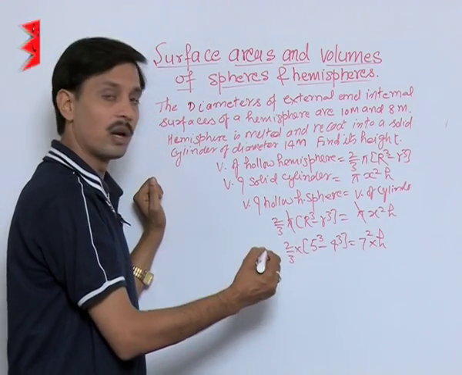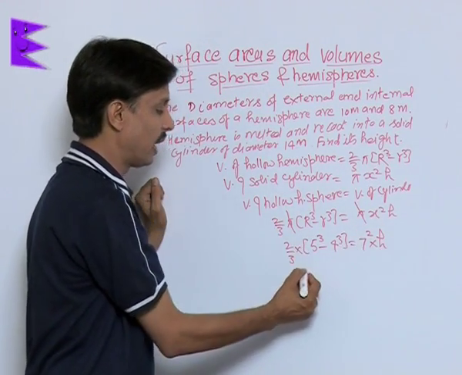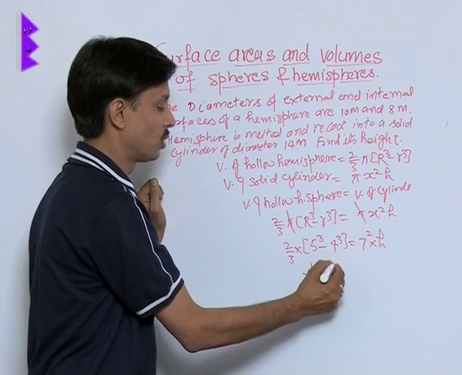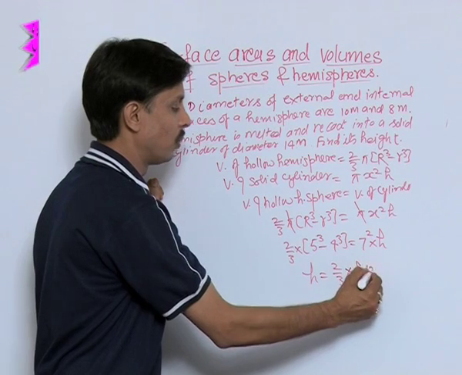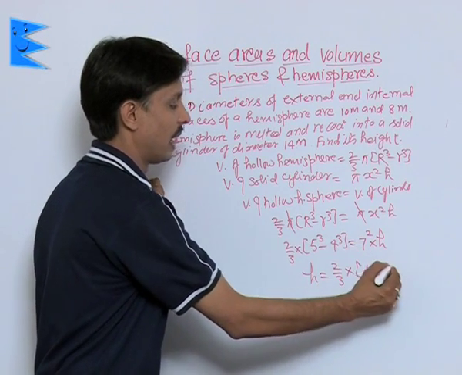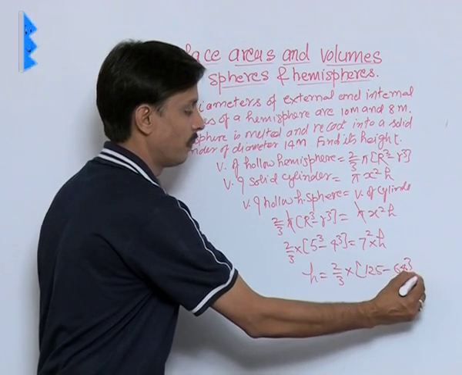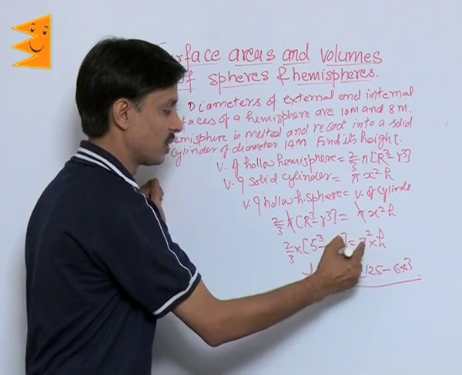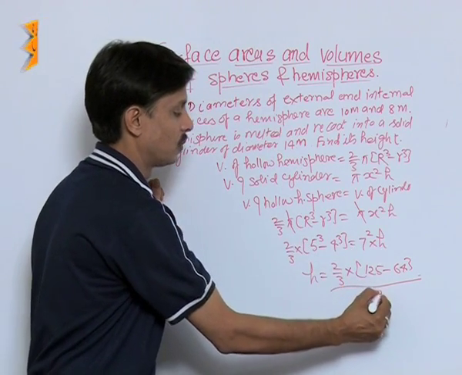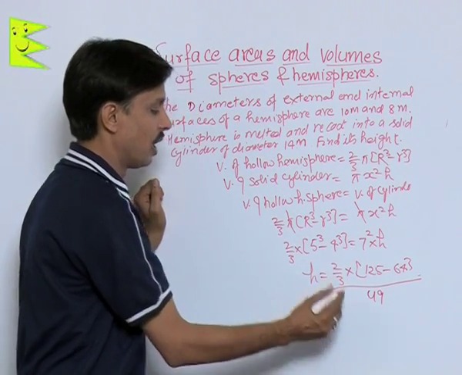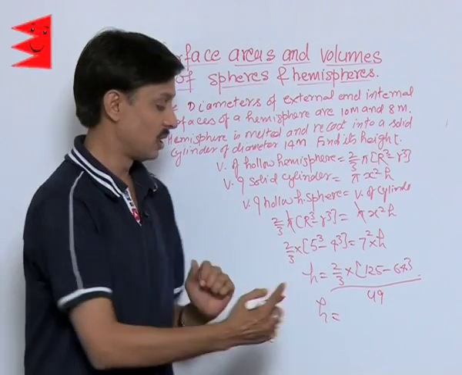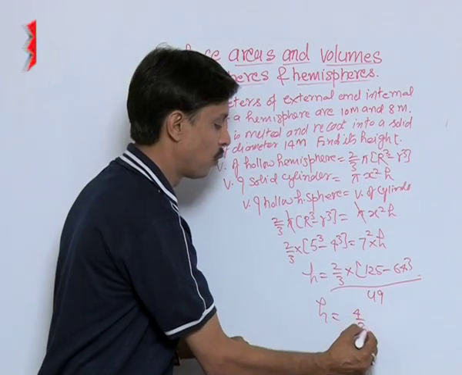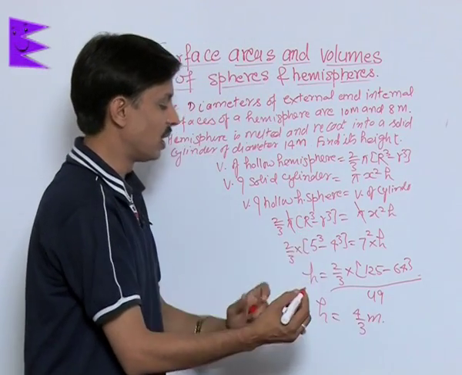So what can you call the value of h? H is equal to 2 by 3 into 5 cube is 125 minus 4 cube is 64 and divided by 7 square, that is what? 49. If you simplify and solve it, you will get this result as 4 by 3 meter.